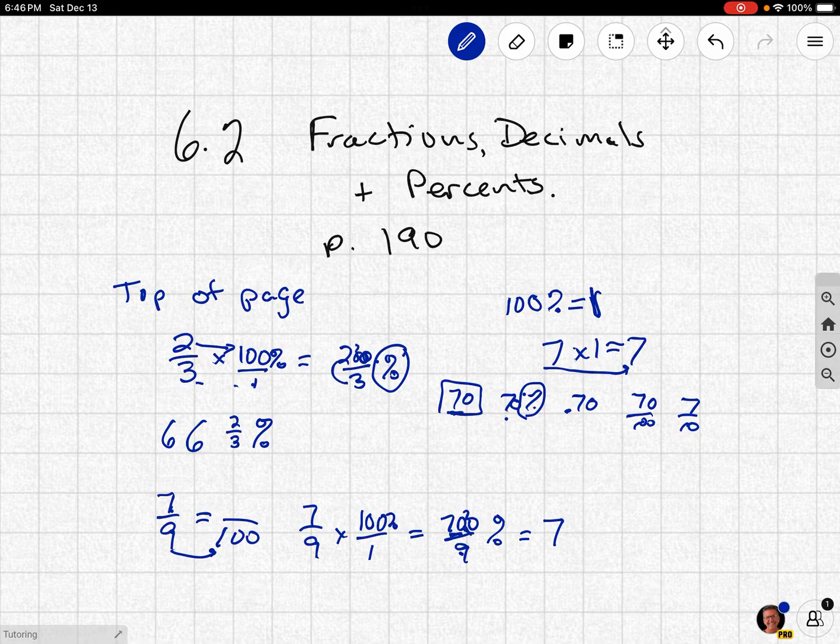And 9 goes in 7 times. 9 times 7 is 63. Okay. 9 times 7 again is 63 with a leftover of 7/9 again. Look at that pattern. And you got to have a percent sign on there. All right, so I want you to try number 1, and then just number 1.